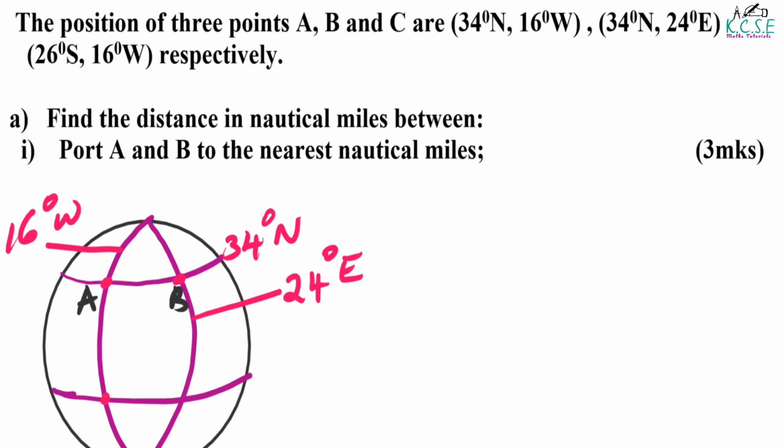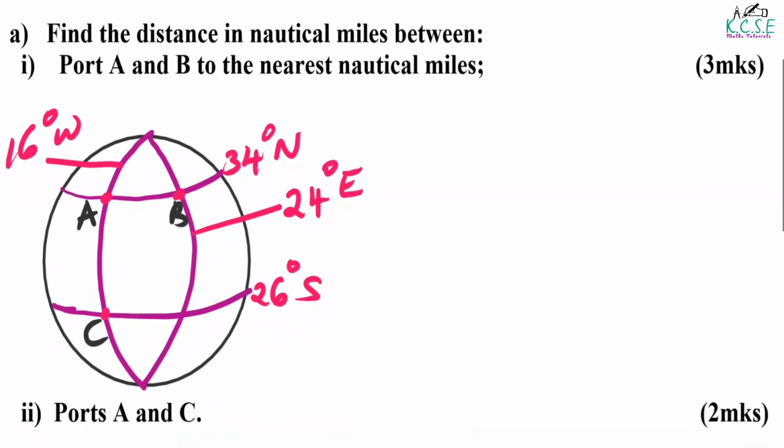So that is position B. And then C is 26 degrees south, so this latitude here is 26 degrees south, and this is west, so it is here. So the position of C is here: 26 degrees south, 16 degrees west. Now, having those positions, we can go and answer the question.